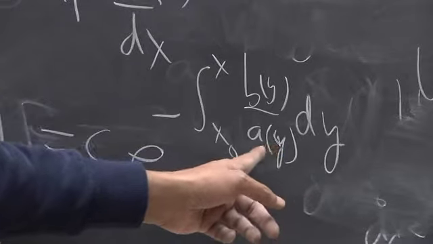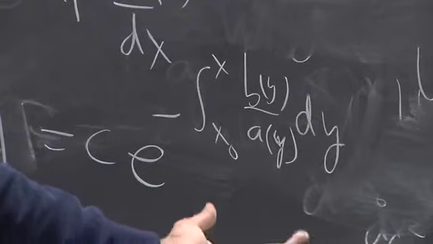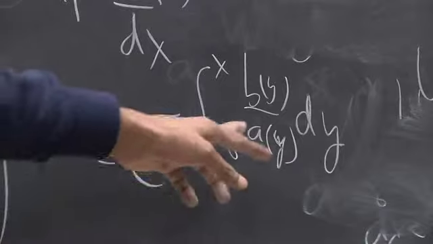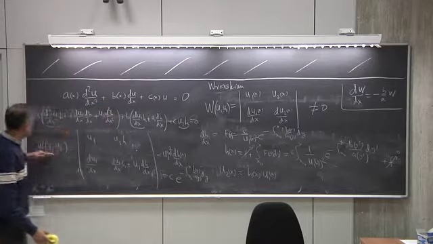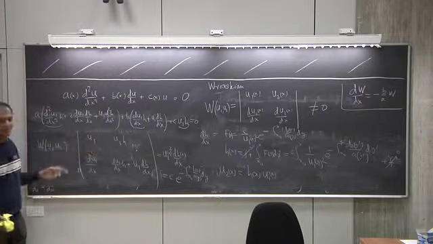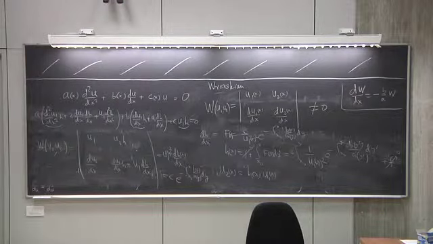So in that region, this will be some finite quantity, and the exponential of that will never be 0. So the Wronskian of u1 and u2 is not 0, which implies that u1 and u2 are linearly independent solutions. This way we have a proof that at least in some local region where you don't have any singularity, you have two linearly independent solutions, and just precisely two, not more than that.